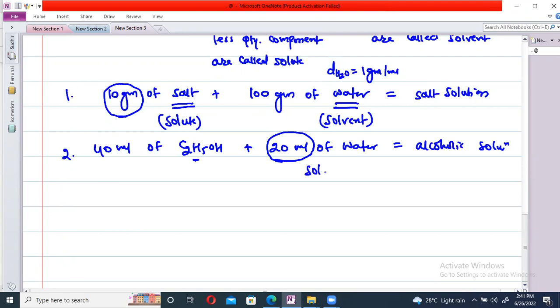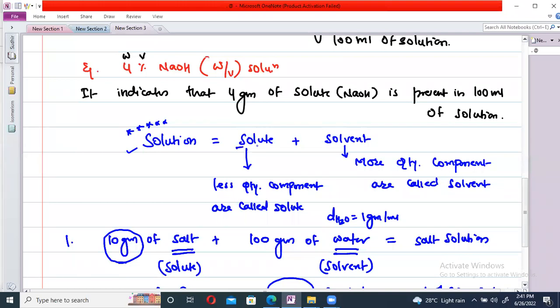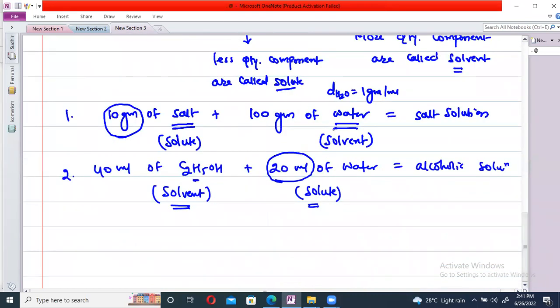Hence water will behave here as the solute and alcohol will behave as the solvent. So beta, solute and solvent are decided by the quantity of the component. That's why we wrote the definition here: the component present in less quantity is called the solute, and the component present in more quantity is called the solvent. One is the solute, the other is the solvent. These are a few examples I gave. One is a salt solution, the other is an alcoholic solution.